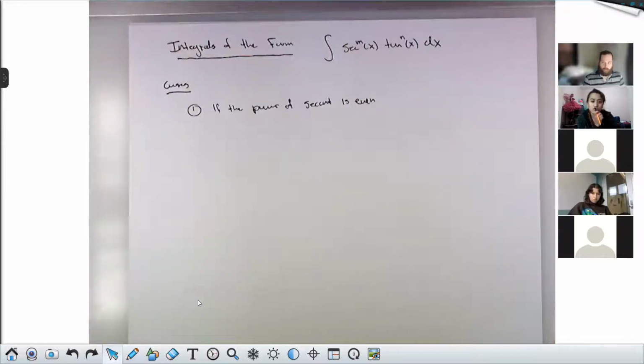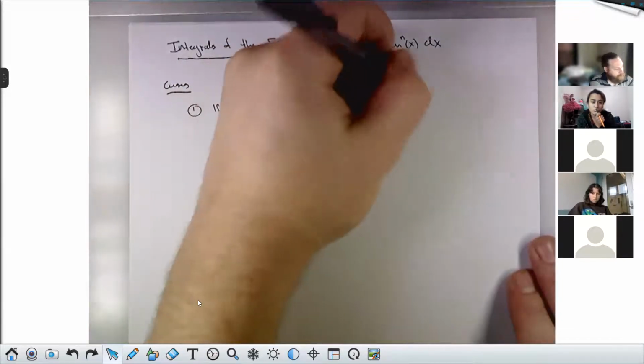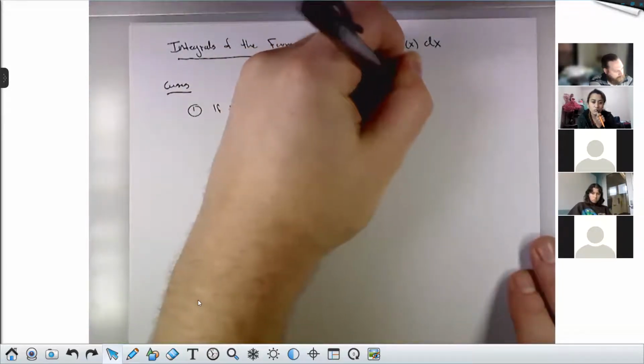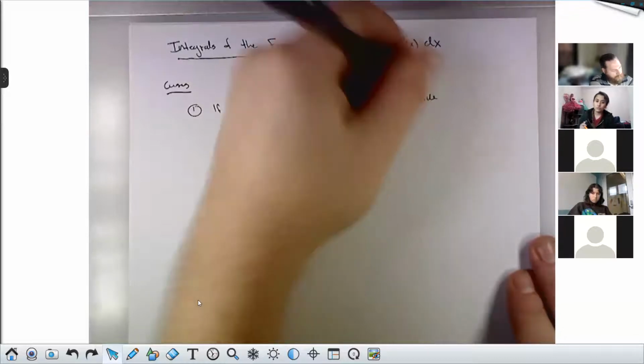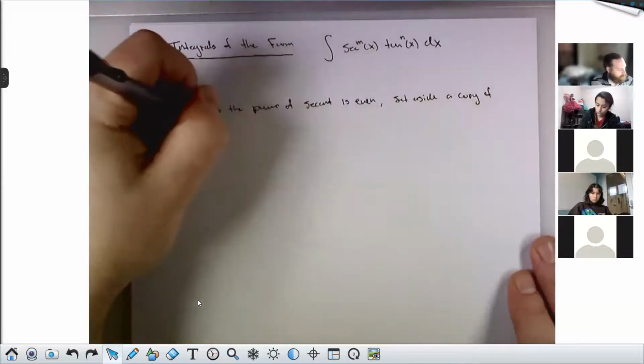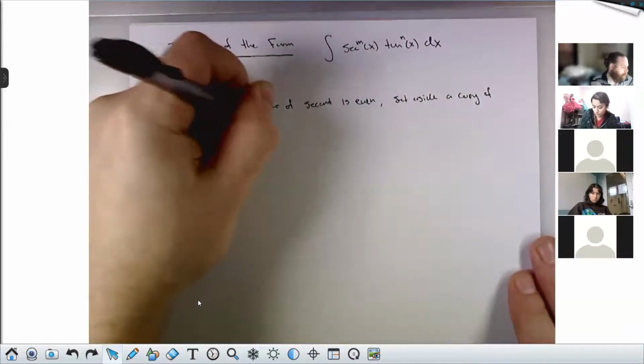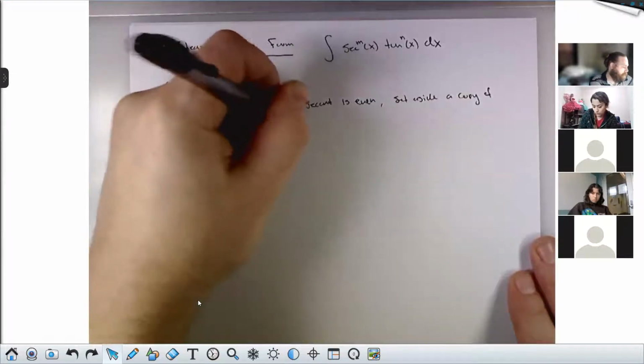If the power of secant is even, what we're going to do is set aside a copy of secant squared with dx.